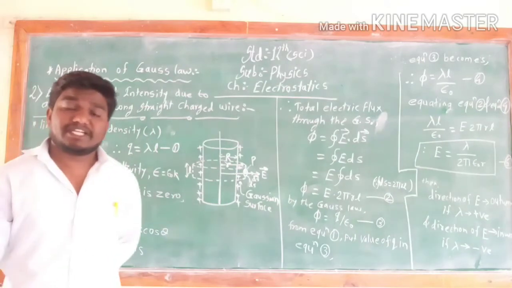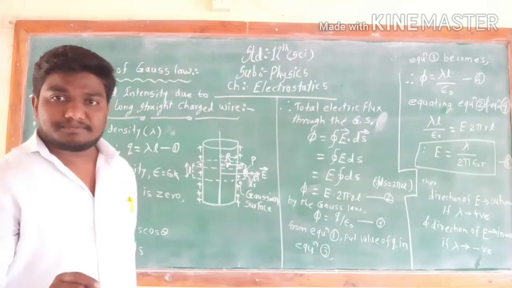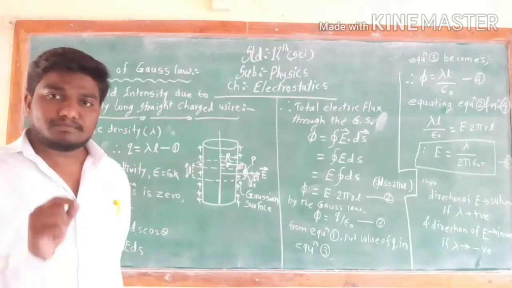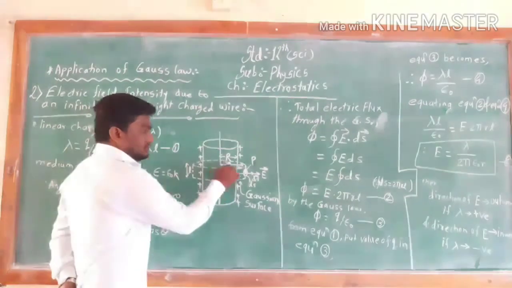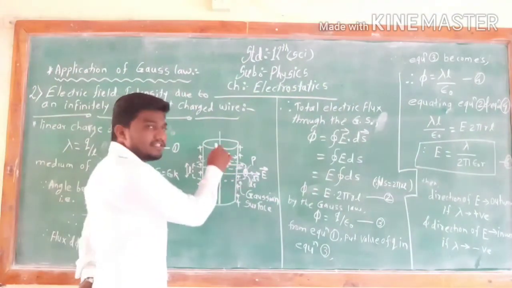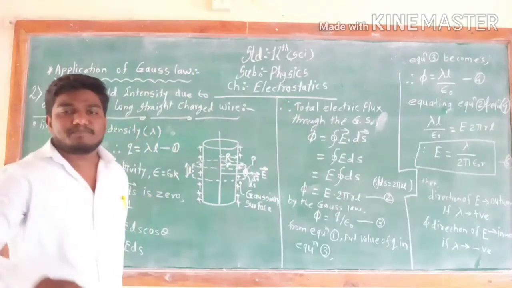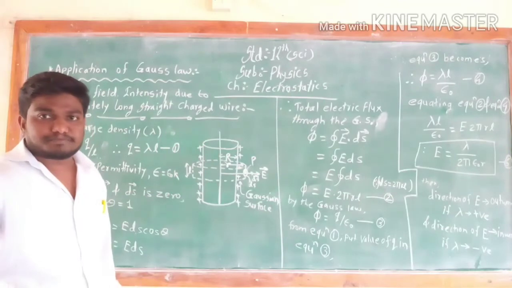By the symmetry, the magnitude of electric field is the same at a distance r around the charged wire or cylinder.